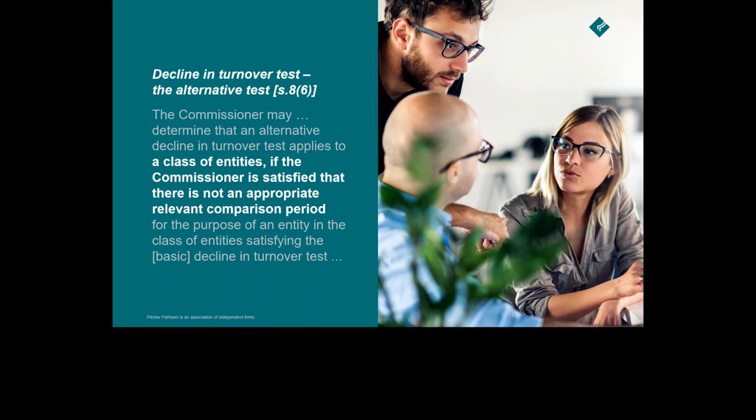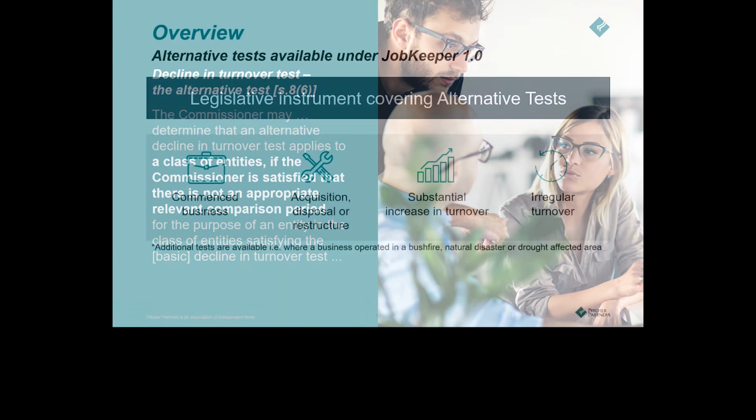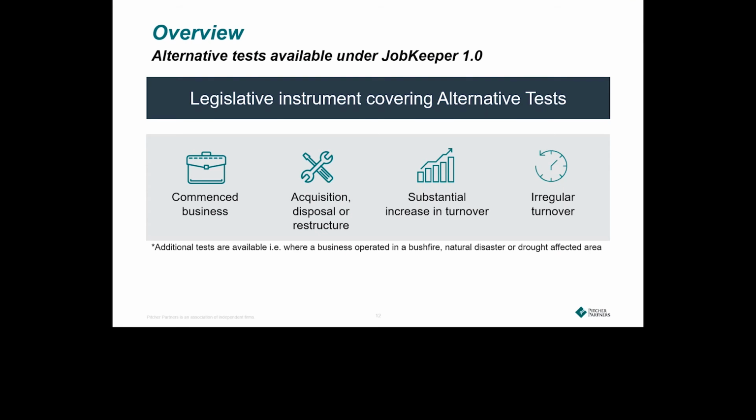The Commissioner has read down this legislative power, and therefore the only thing that he's willing to provide alternative tests for is if you can satisfy a condition to say that your comparison is not appropriate. So he can't set any new rules for doing new decline in turnover tests or anything like that. He's just saying that he can only determine when he believes a comparison period is not appropriate. And if you fall into that criteria, he'll give you a slightly different test to determine what your comparison amounts may otherwise be. So this hopefully isn't news to everyone.